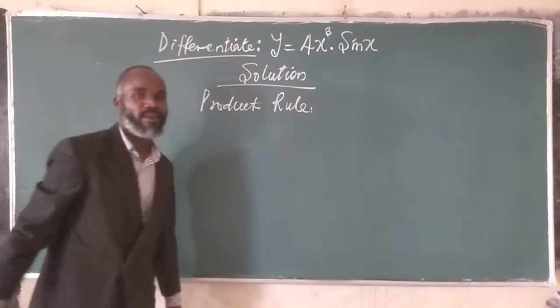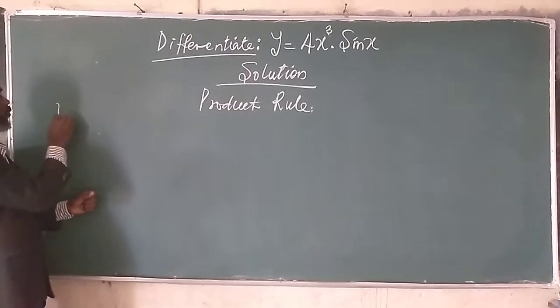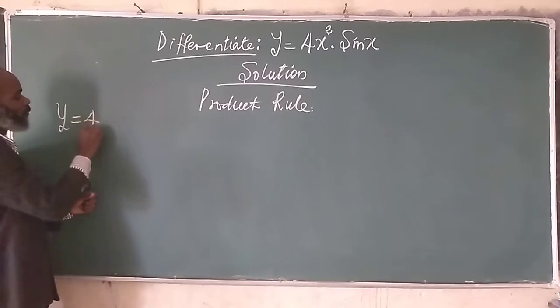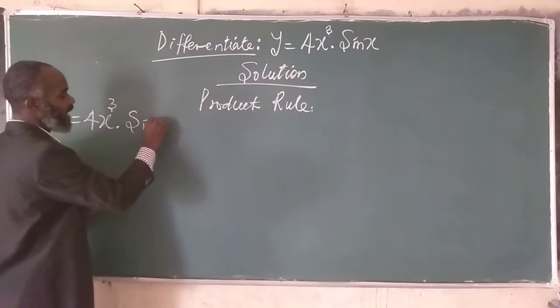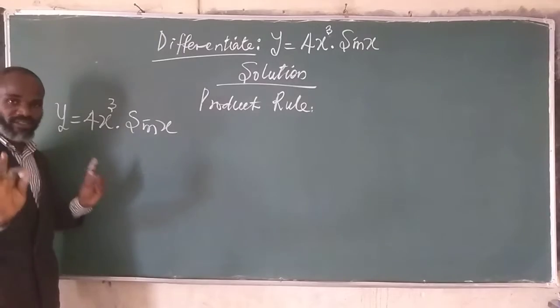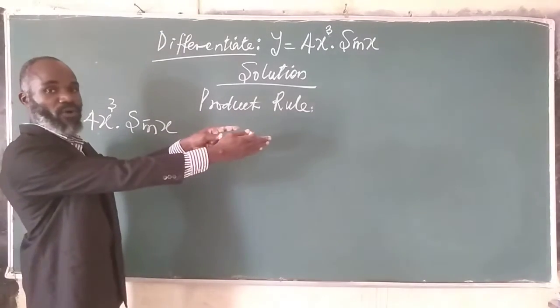Alright? So what do we do? First of all, let's begin at this point. We have y is equal to 4x cubed dot sine x. Understand this. I'm going to solve from this angle to that point.